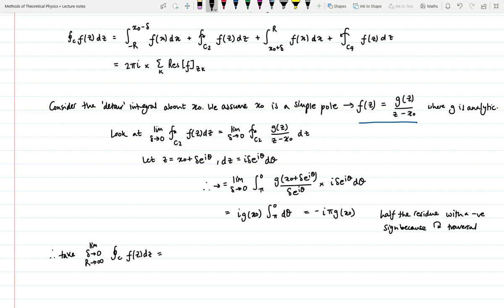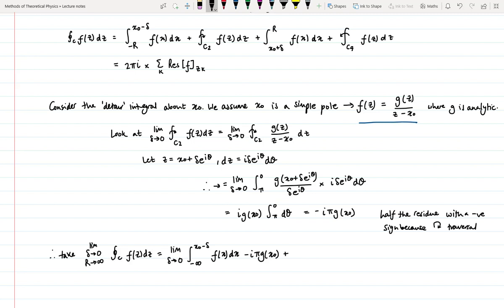Now we can write down what happens to the different contributions from the top of the page. The first contribution along C1 is going to give us the limit as delta tends to 0 of the integral from minus infinity to x naught minus delta. The contribution along C2 is what we've just calculated, so this is minus i pi g of x naught.